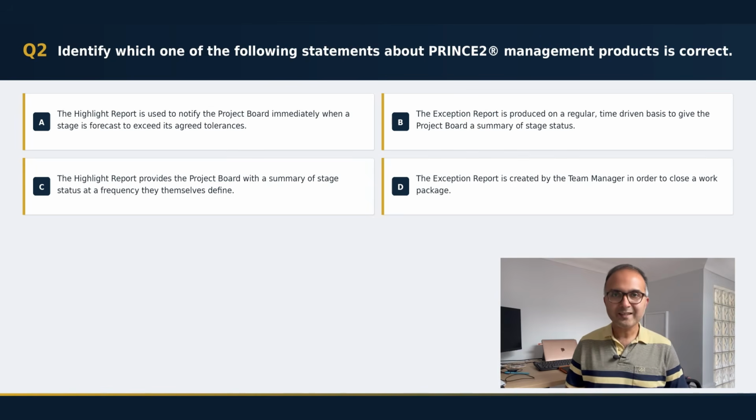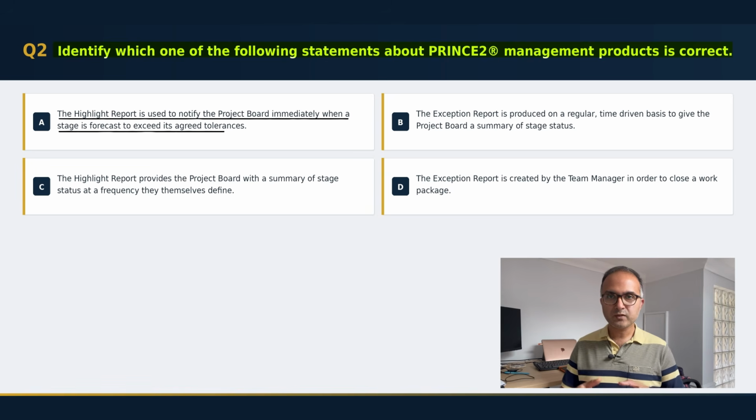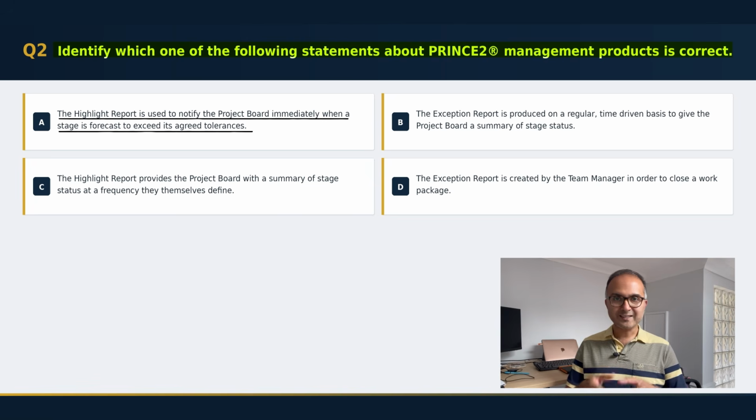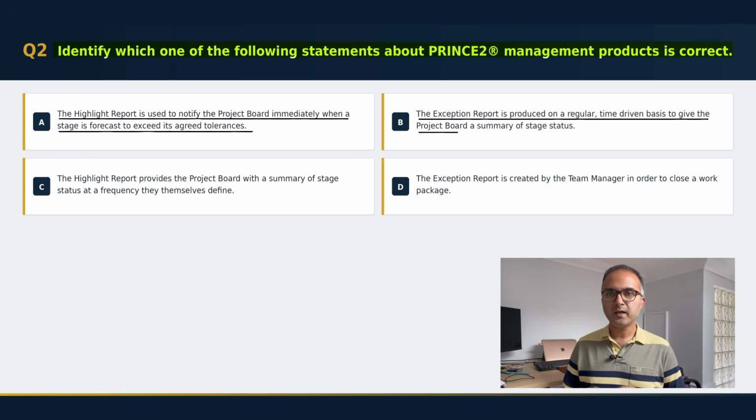So the question is like this: identify which one of the following statements about PRINCE2 management product is correct. Option A, the highlight report is used to notify the project board immediately when a stage is forecast to exceed its tolerances. Option B, the exception report is produced on a regular time-driven basis to give the project board a summary of the stage status.